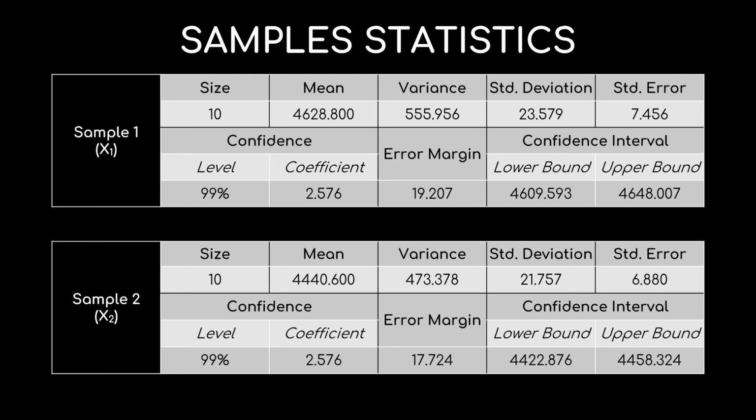Through this latter and the confidence coefficient associated with a level of 99%, I can compute the margin of error, and as a consequence the confidence interval. I will not go into details about the role of these statistics, because it's unnecessary for the purpose of my video, but it's still important to point them out.